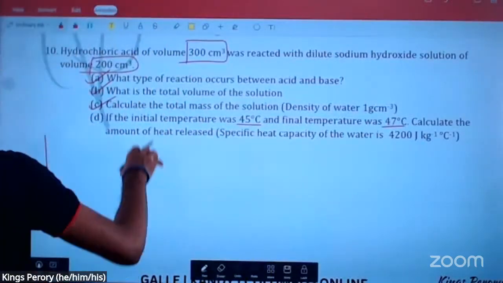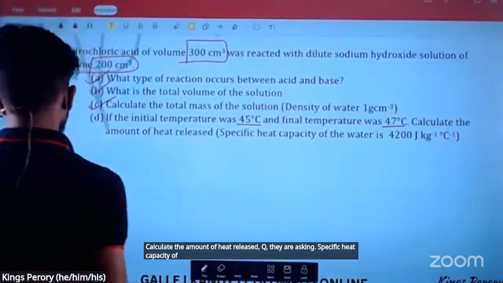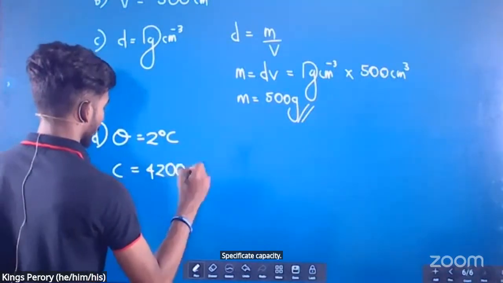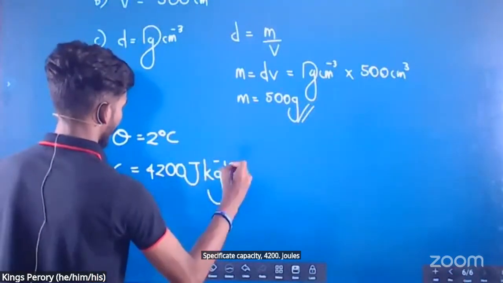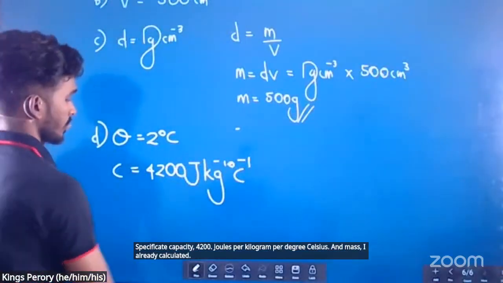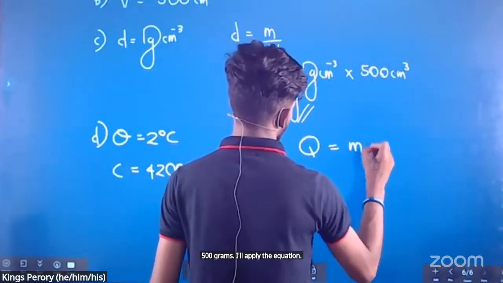Calculate the amount of heat released. Q they are asking. Specific heat capacity of water is 4200 joules per kilogram per degree Celsius. And mass I already calculated, 500 grams. Now apply the equation. Q is equal to mc theta.